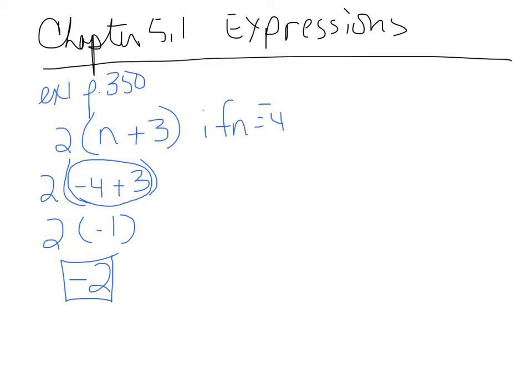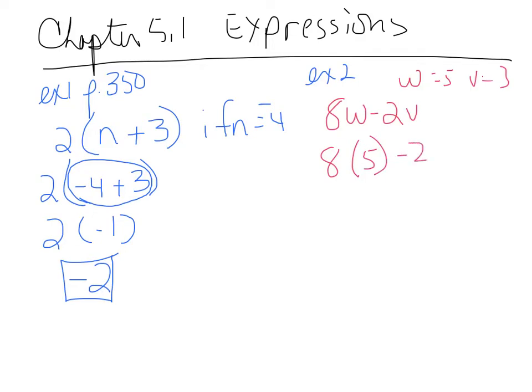It is an expression. And example 2 on page 350, it says solve, let me get a different color, 8w minus 2v if w equals 5 and v equals 3. So substitute in 8, and remember, when the coefficient and the variable are together, it means multiply, times 5 minus 2 times 3.